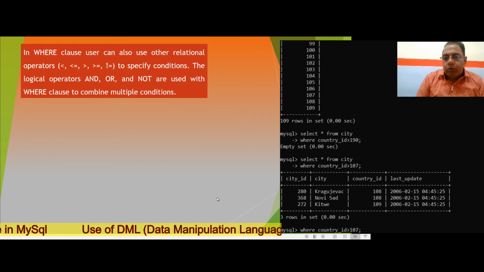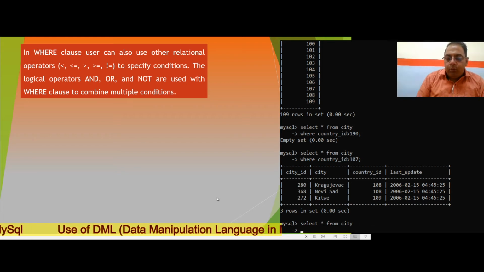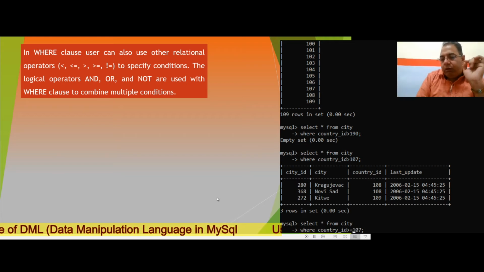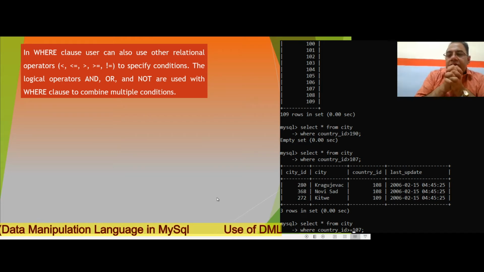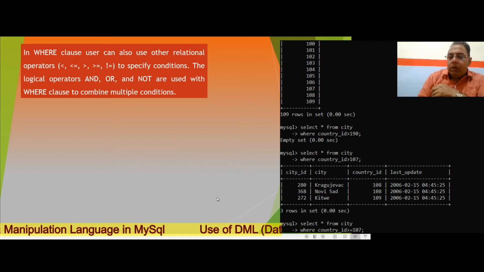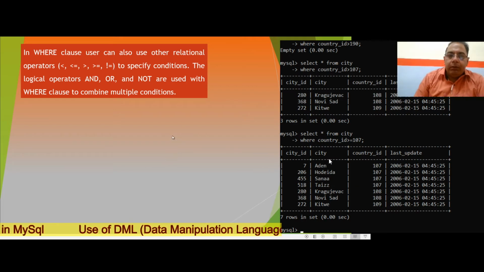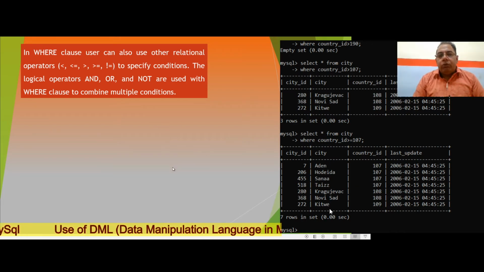If I want to do the same operation and I want the records with the value 107 included, meaning greater than equal to 107, then the number of records increased from 3 to 7. Means now the country id with 107, 107, 107, 107 is also included in the table. After that I want to display the records less than.